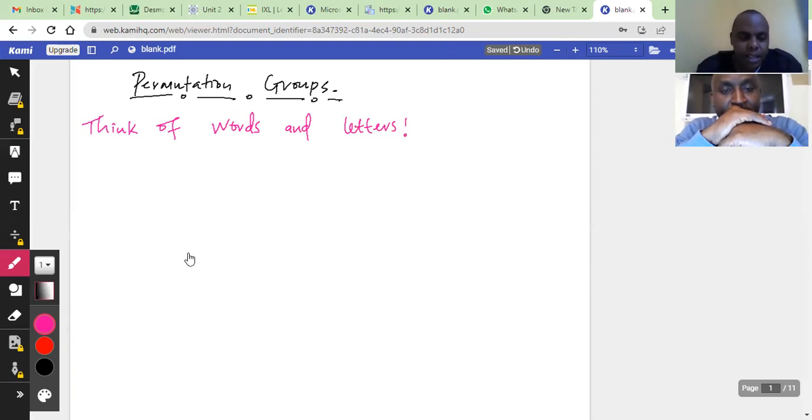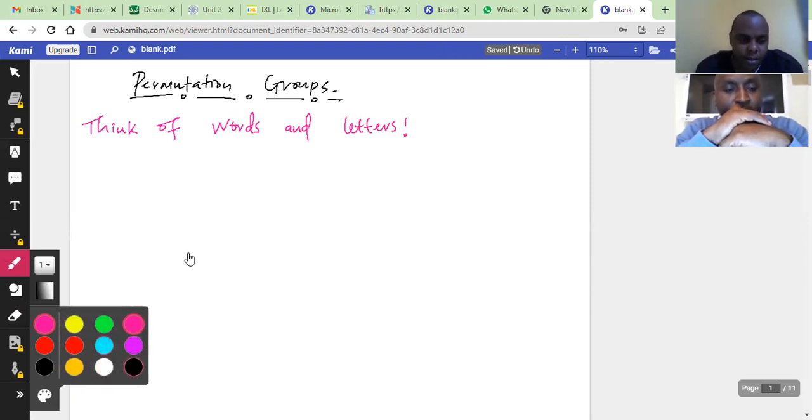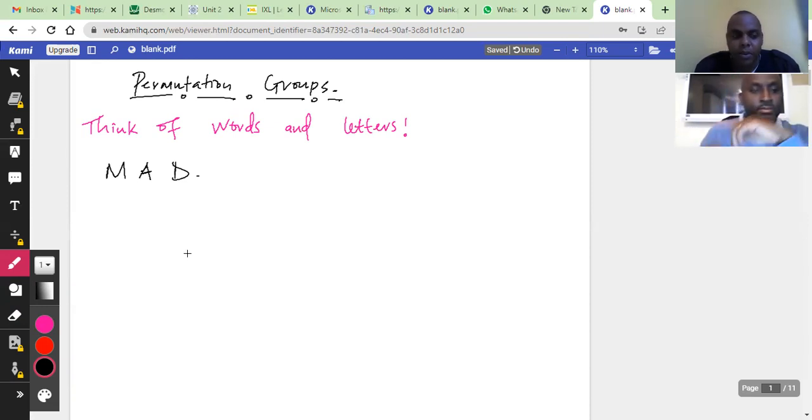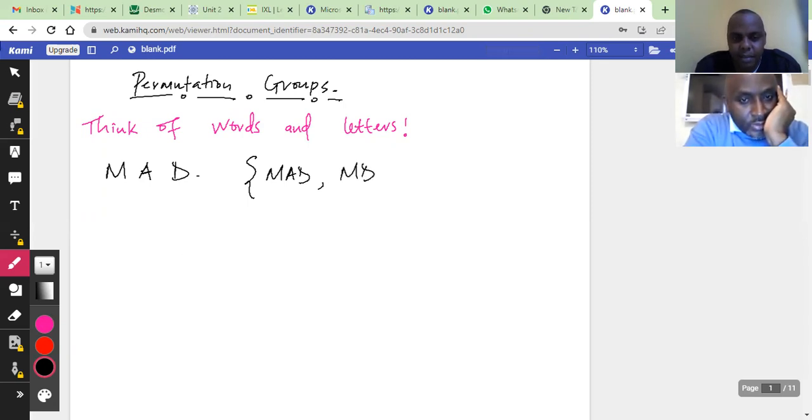So if you think of words and letters, I'm going to pick a word. I'm going to pick 3 letters, M, A, D, right? These are 3 letters, and then we need to form different words by rearranging the letters. You could say I'm not going to do anything on the letters, and your word is MAD. Then you could decide to keep the M, just switch the A and the D, and then you can have MDA.